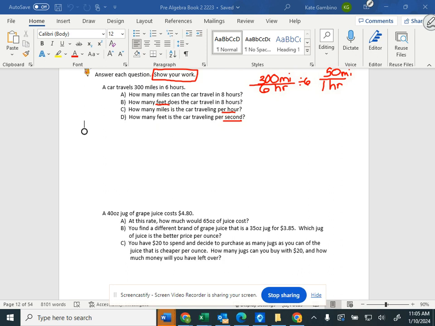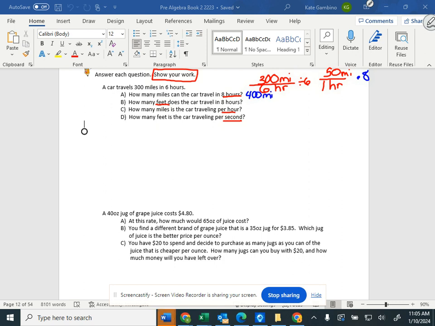So now that we know our unit rate, can we say how many miles it's gonna go in 8 hours? Yes. Yeah, what do I have to do? Multiply by 8. What is 50 times 8? 400. So it can go 400 miles.